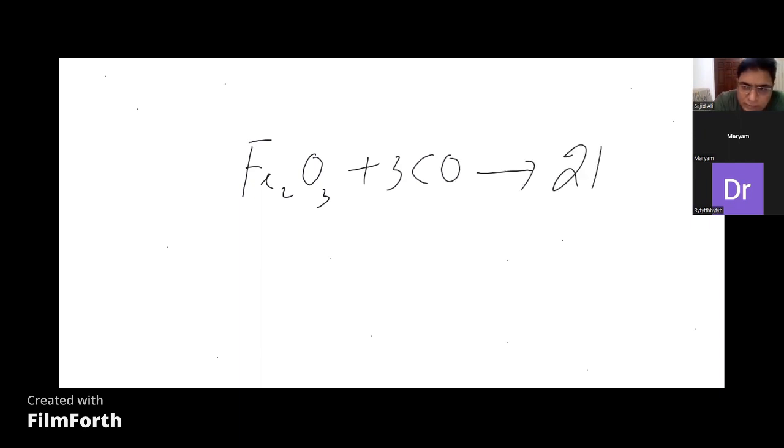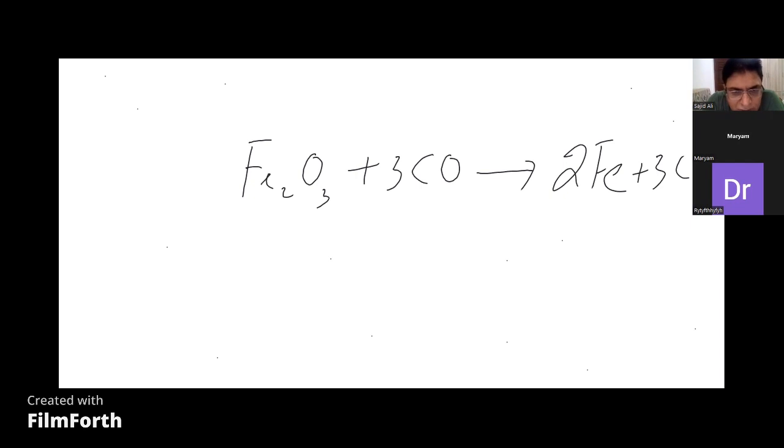Now I'm going to write an equation here that involves loss and gain of oxygen. For example, we have this compound Fe2O3 plus carbon monoxide. It changes into iron plus carbon dioxide.